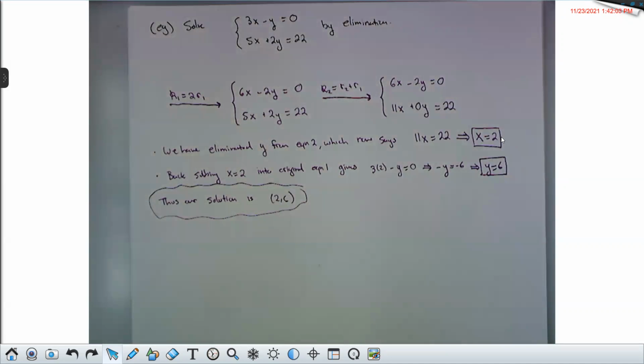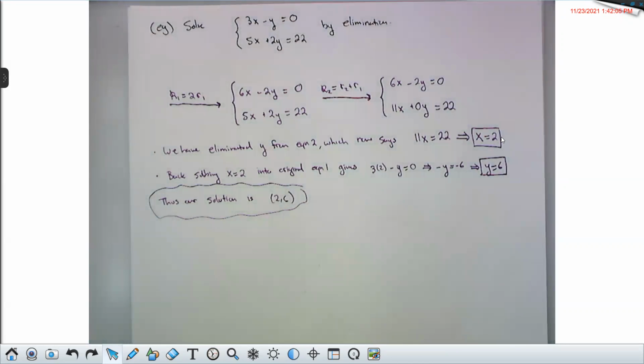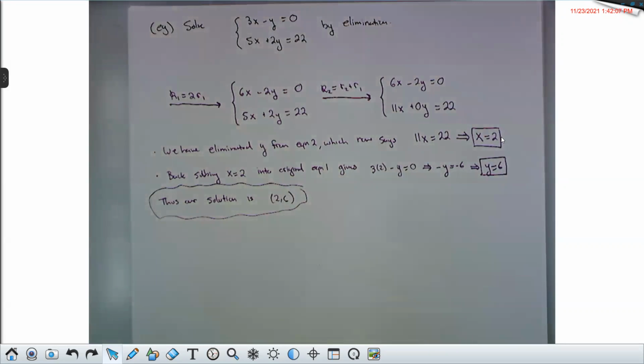And that point is 2, 6. Any questions on the elimination steps here? And you see how clean this is, right? It's really, really fast. If I didn't write all these words, it would be even faster.